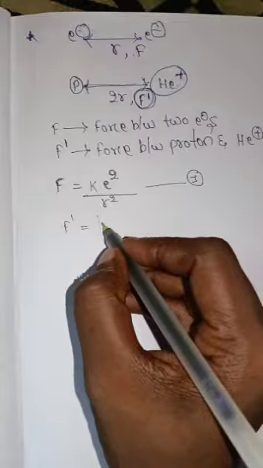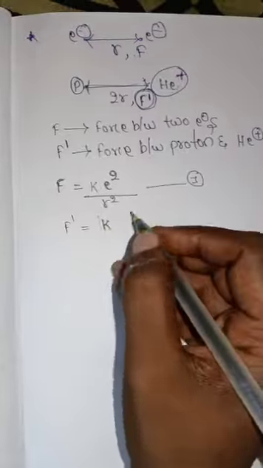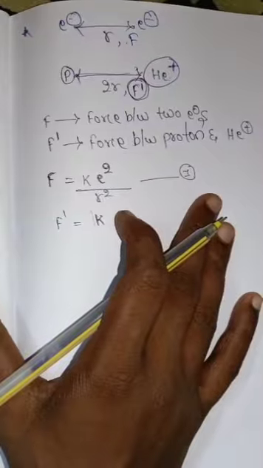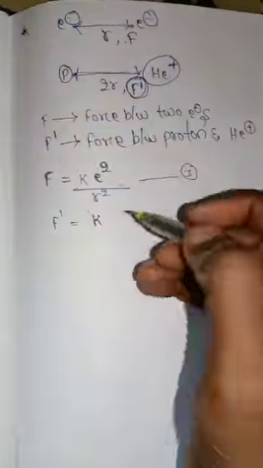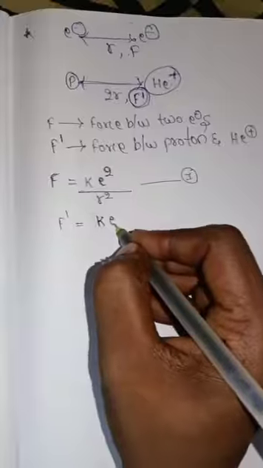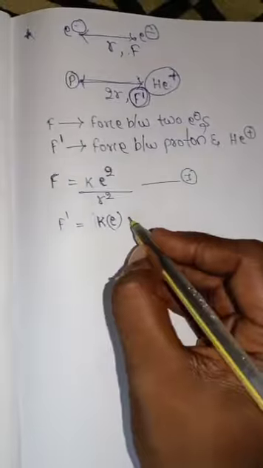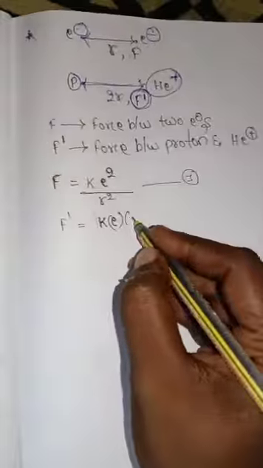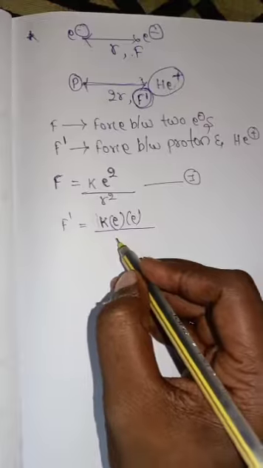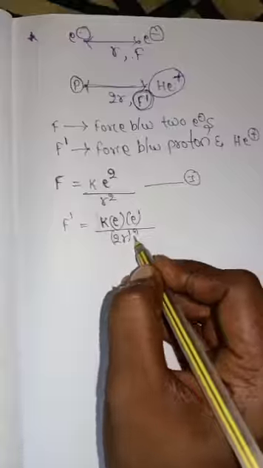The magnitude of the charge of the proton and electron is the same, and in He+ there will be only one e, and the distance between them is 2r whole square.